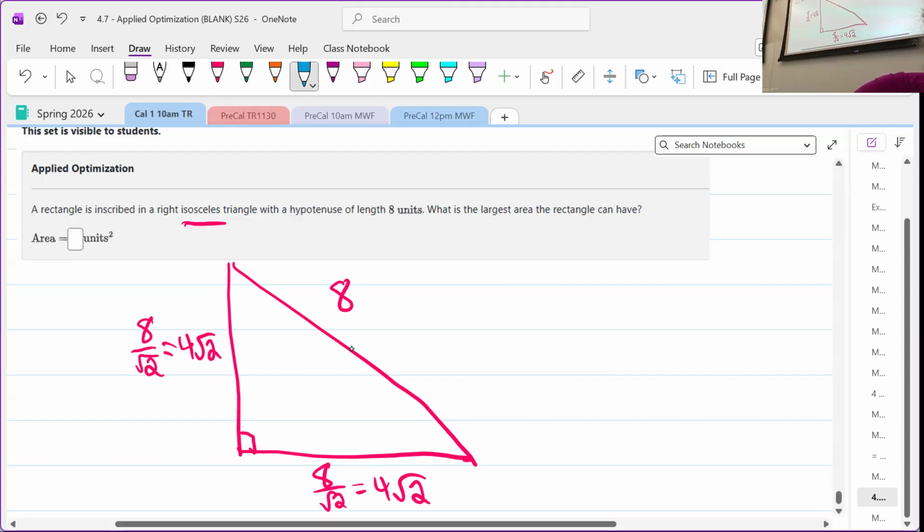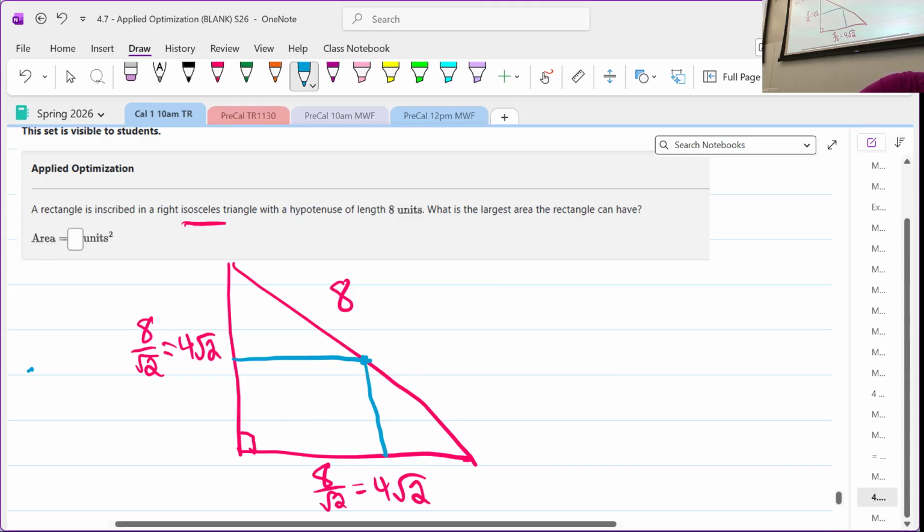The rectangle, I'm just putting a point on the hypotenuse, and this point can slide around. So I can have a tall, skinny rectangle, or I can have a really wide, short rectangle, or somewhere in between.